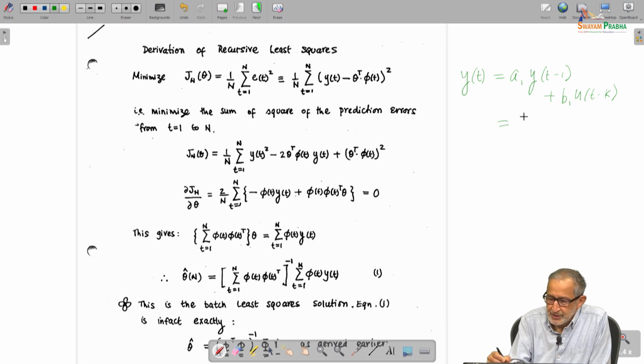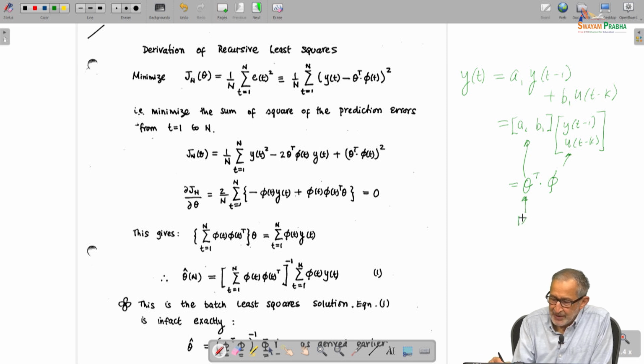This can also be written in the form a1 b1 times y t minus 1 and u t minus k. So this term is theta transpose and this term is phi. This is a 1 by 2 vector and this phi is a 2 by 1 vector.